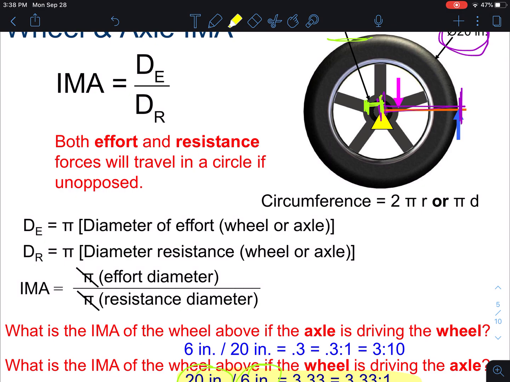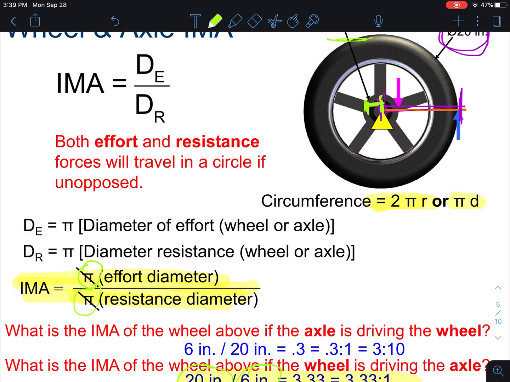So here's our equation for that. Our effort distance is the circumference. 2 times pi times the radius is the circumference of the circle, or we could say pi times diameter. So using that equation, on the bottom here, we're looking at IMA equals pi times the effort diameter divided by pi times the resistance diameter.